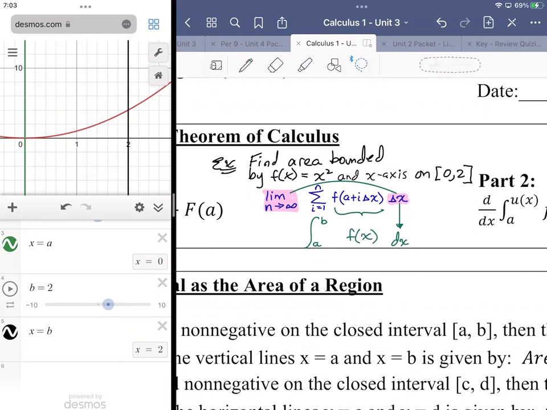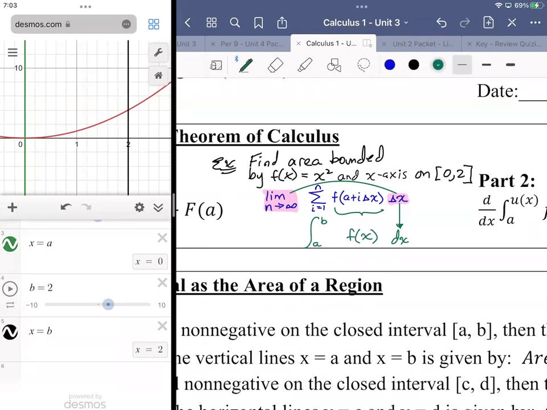So what this is telling us is that that funky limit that we worked on previously is equivalent to an antiderivative over the interval of a to b, from the bound a to the bound b, of the function f of x dx.